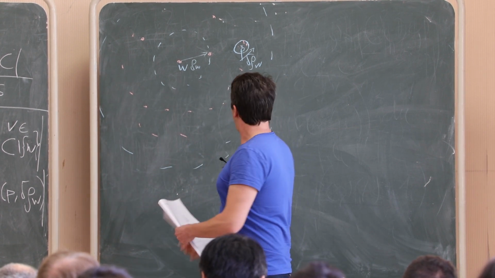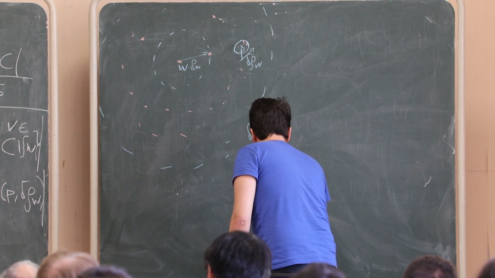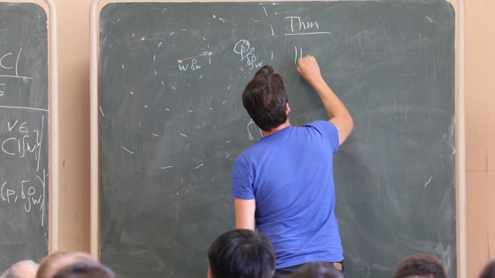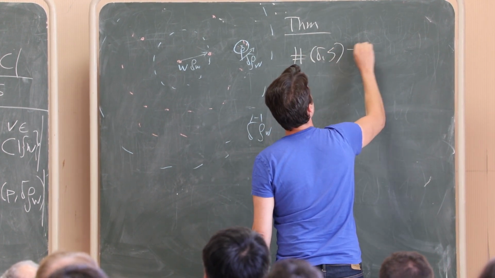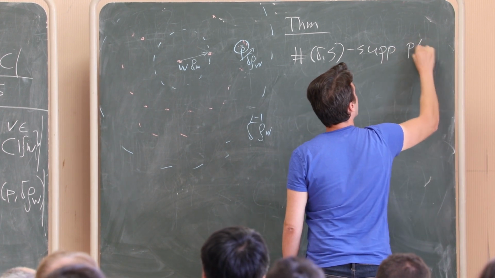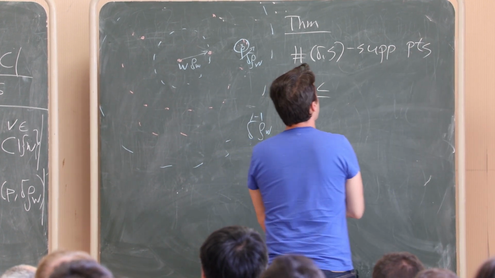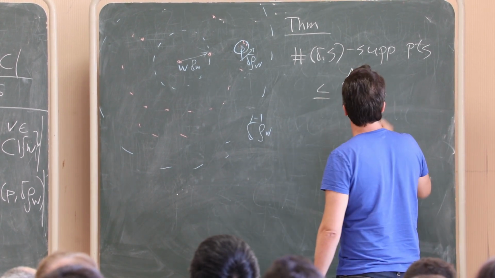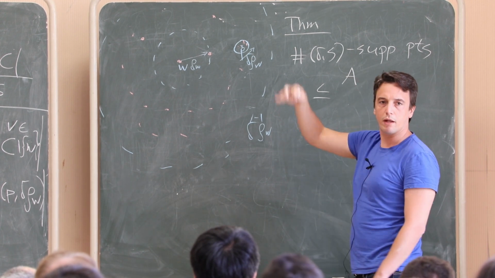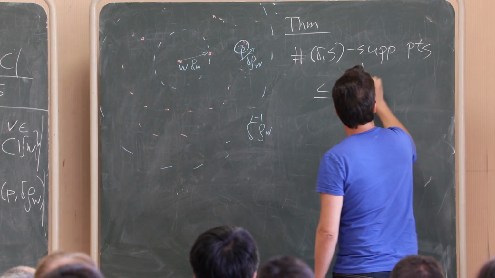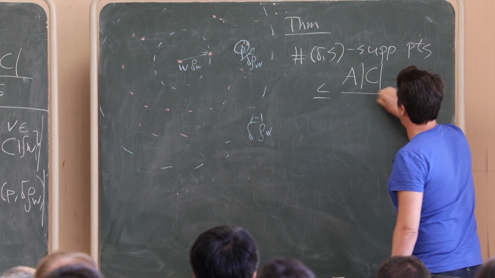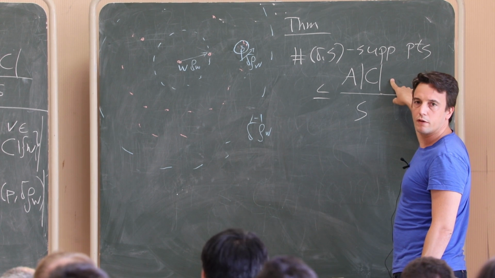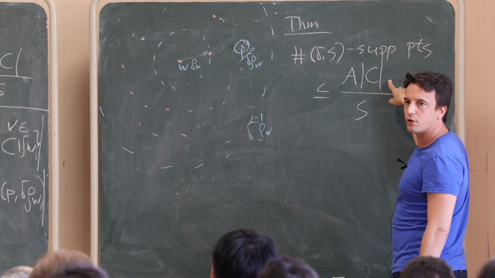And our goal was to show, the magical lemma, is that the number of delta S supported points can be no more than some constant, a constant that doesn't depend on anything, times the number of points divided by S. Here there will be some constant depending on delta, and it will be important for us later.